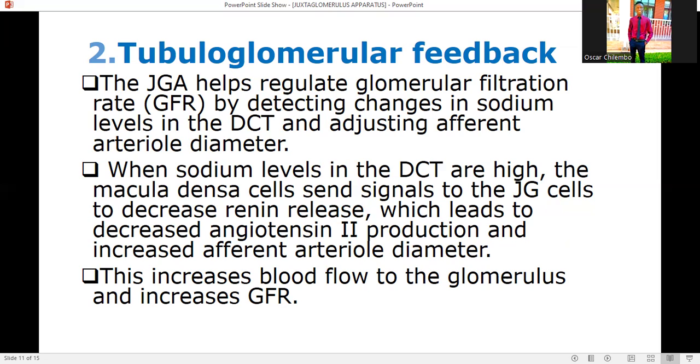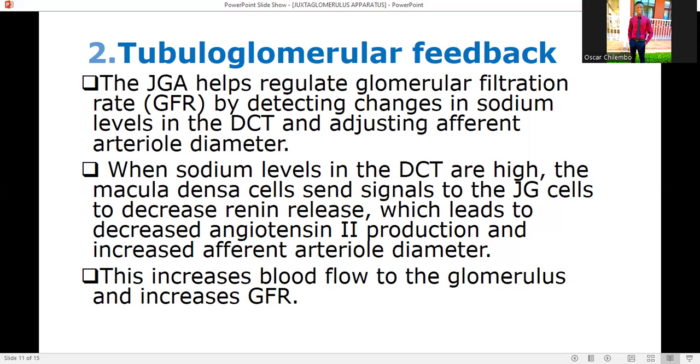Renin is the one involved in the cascade of converting angiotensinogen into angiotensin 1, then eventually angiotensin 2, which is a potent vasoconstrictor. Okay. Then the production of angiotensin 2 increases the afferent arteriole diameter. So this increases blood flow to the glomerulus and increases the glomerular filtration rate.